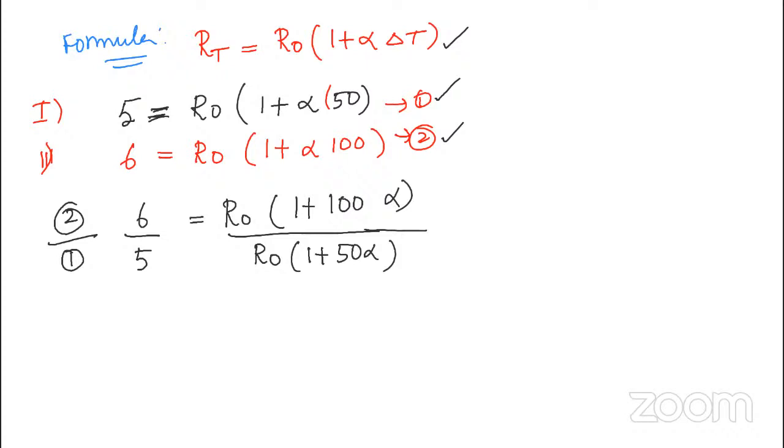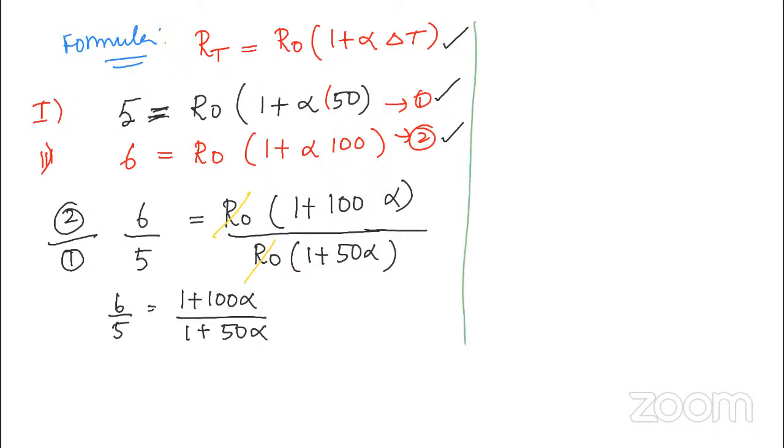Now R0 should cancel. So 6 by 5 is equal to 1 plus 100 alpha divided by 1 plus 50 alpha.